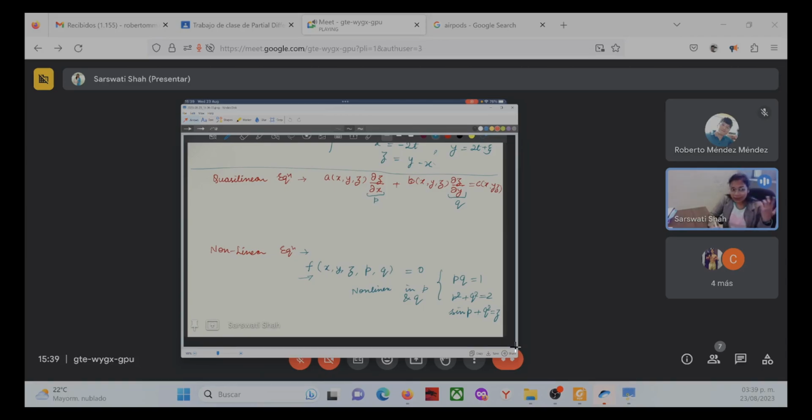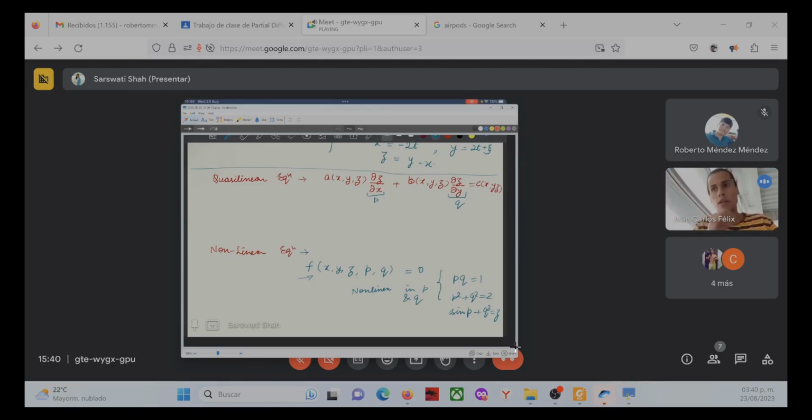And the idea behind writing the characteristics is this: using the idea that this is normal and it lies in the tangent plane, if we pick any point x, y, z and draw the tangent at that point, the direction of that tangent is going to coincide with the instantaneous direction of the vector field a, b, c, because both will be parallel.